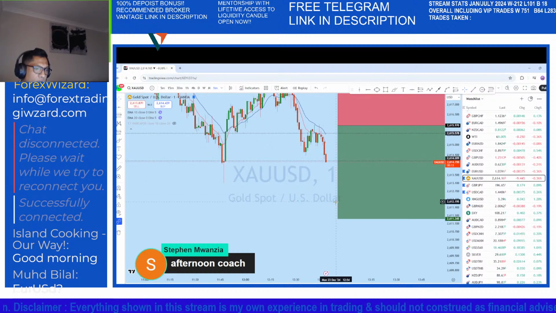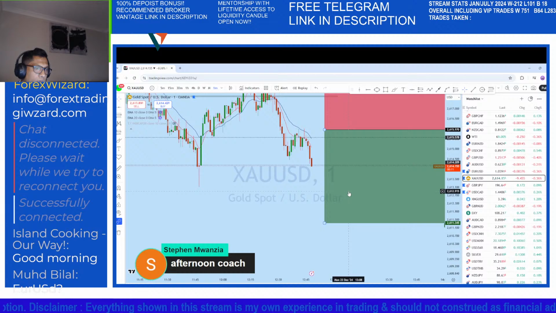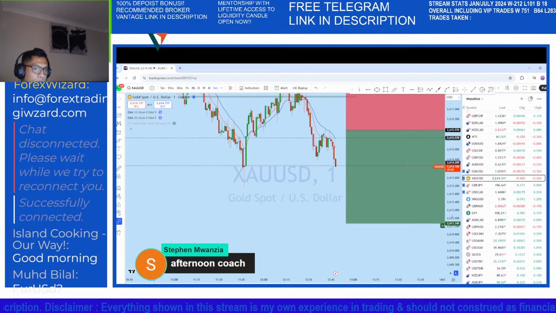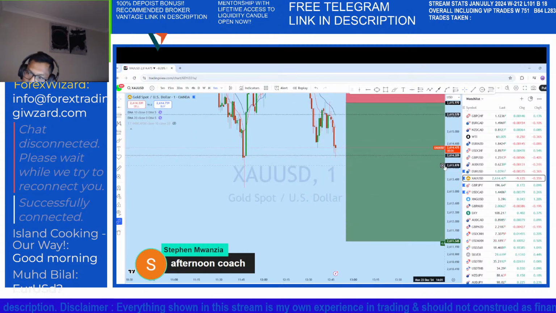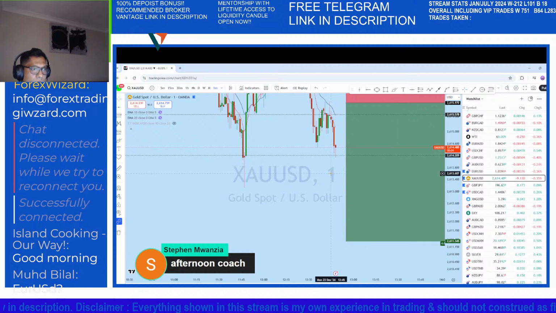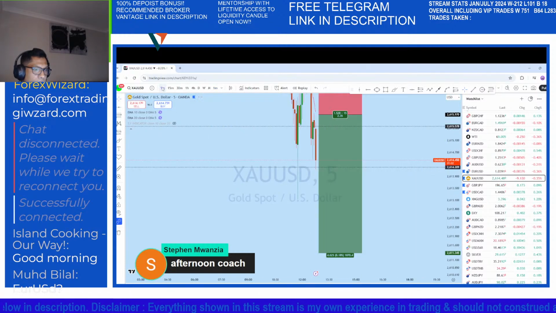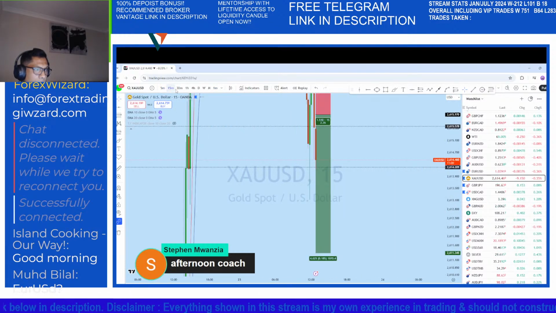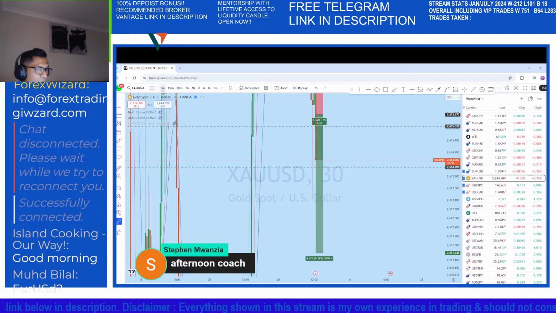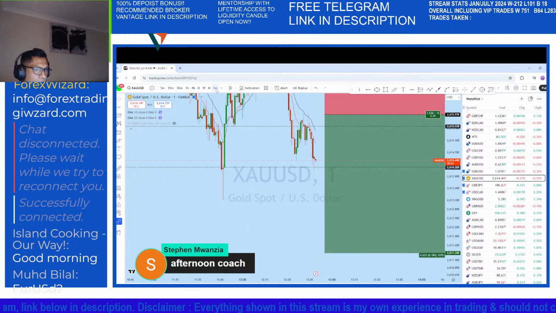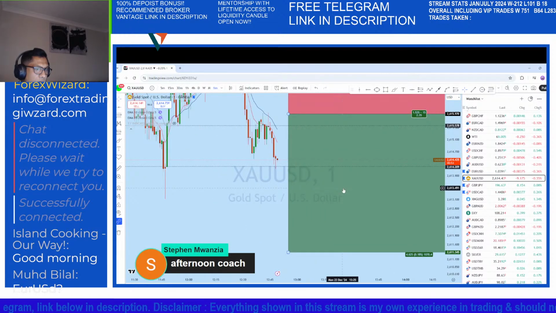Wanting to see that it's breaking below to create a new lower low. Okay, so downside pressure is higher, which is in our direction.